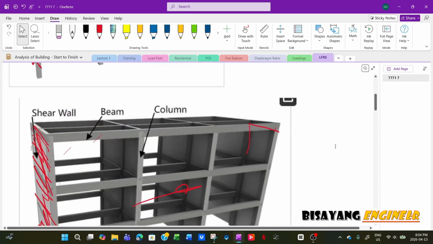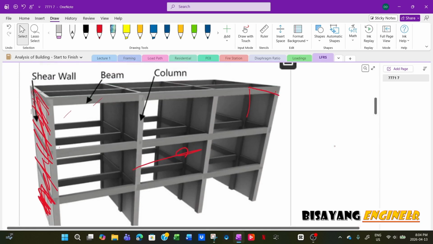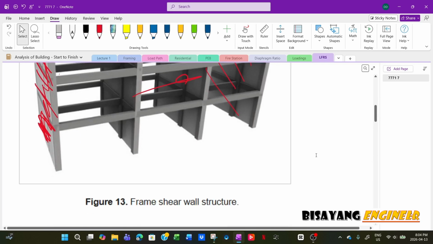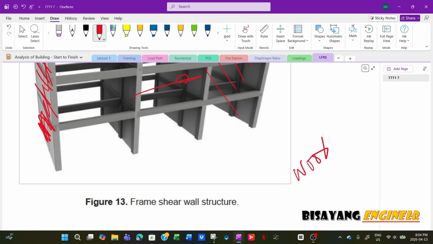So for this particular frame, like I said, you have a shear wall. Going back to that guy who messaged me, basically he was asking how to analyze a concrete shear wall. So I told him the best way to understand shear wall is to study the wood shear wall.